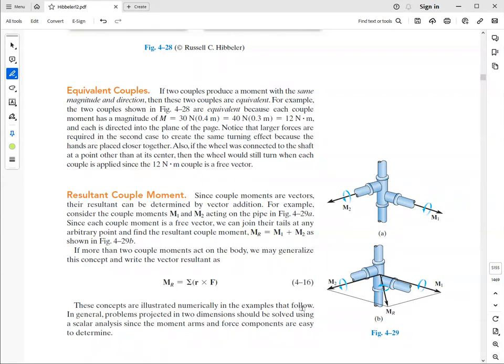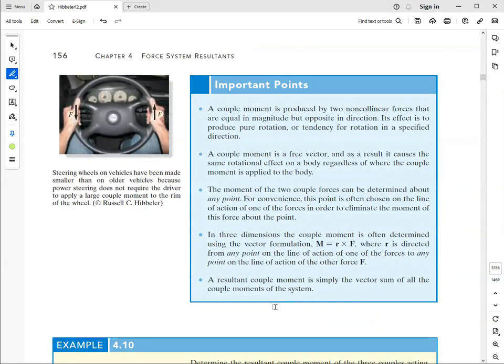We'll talk more about this later. Again, it's a free vector, important to remember. You can show it anywhere. Its effect upon the environment that is locating or supporting that body will be the same.